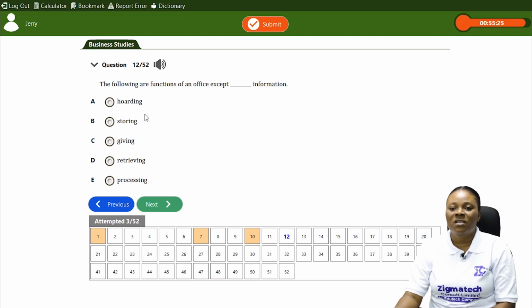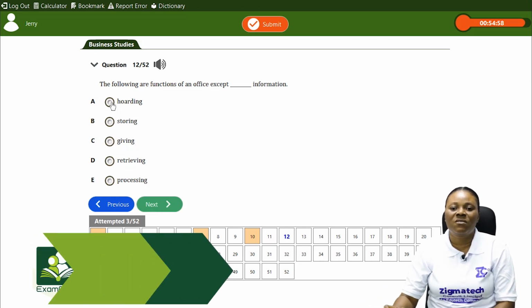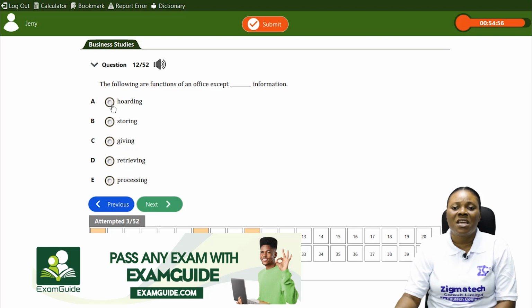So which of this is not the function of an office? The answer here is A, holding information. I told you when we were looking at confidentiality of office information that there are some information that are meant to be open. If a visitor comes to the office to request for information, you are meant to give, except for the sensitive ones. So the odd one out is holding information.